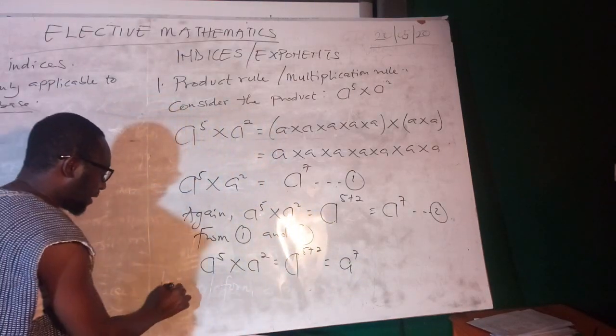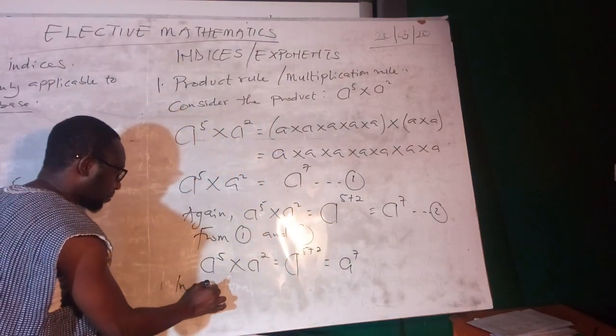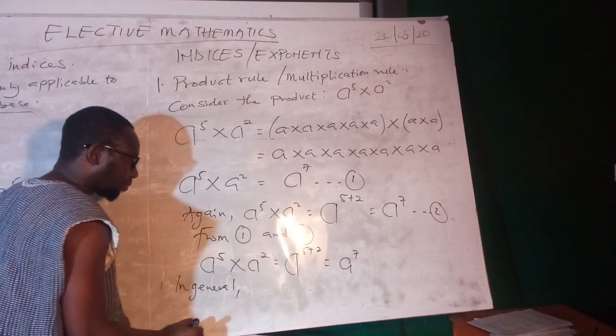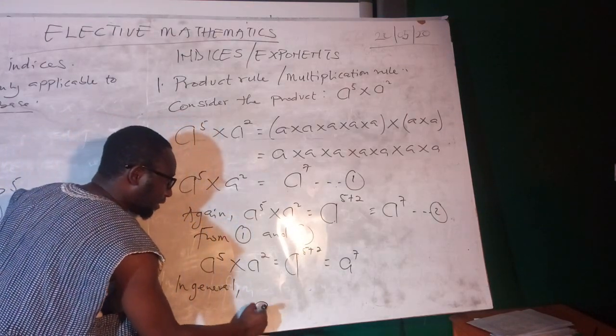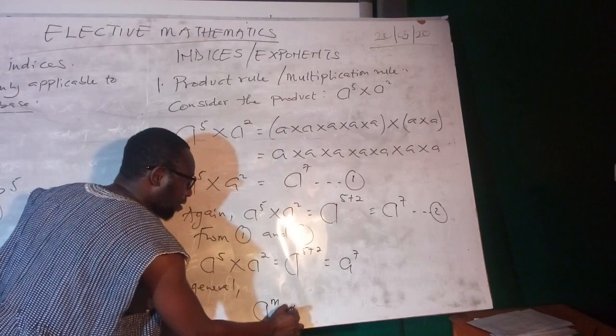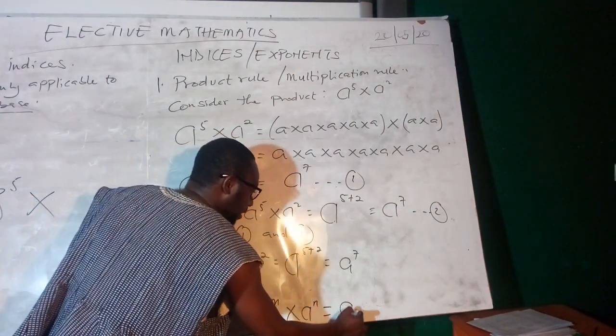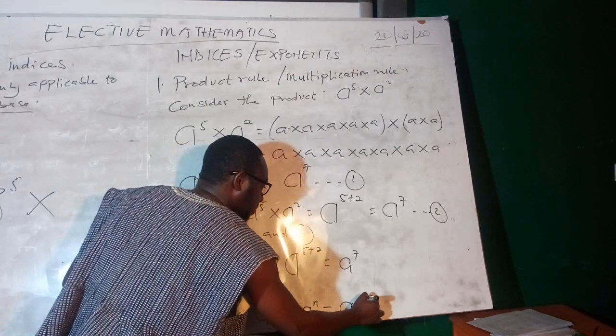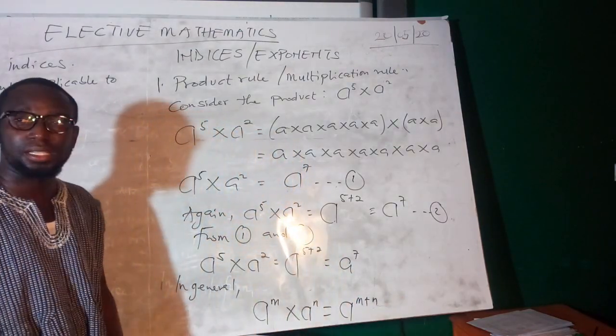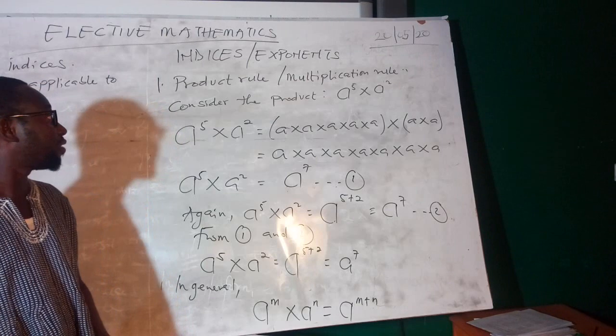So in general, when we write a raised to the power of m multiplying a raised to the power of n, we get a raised to the power of m plus n. So this is the first rule of indices.